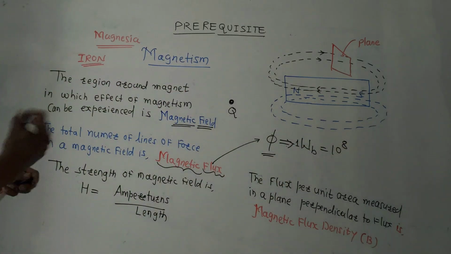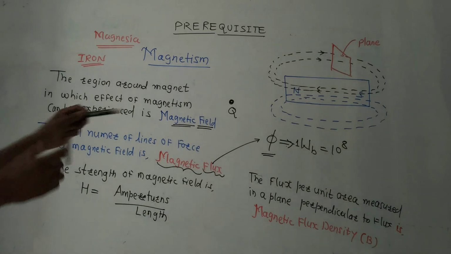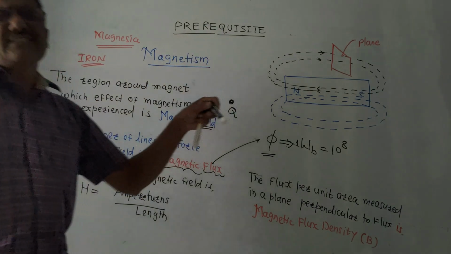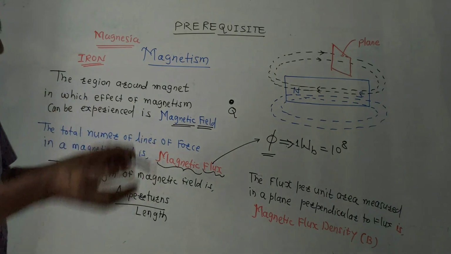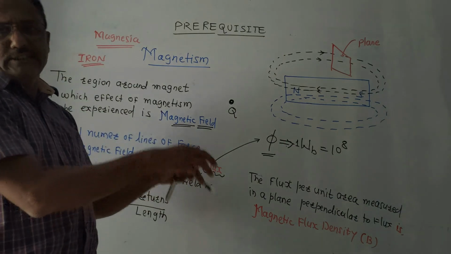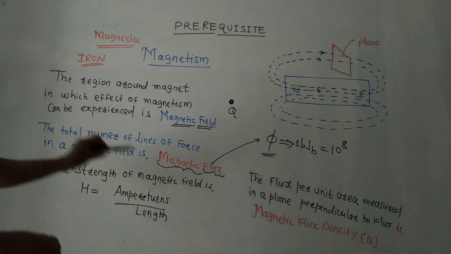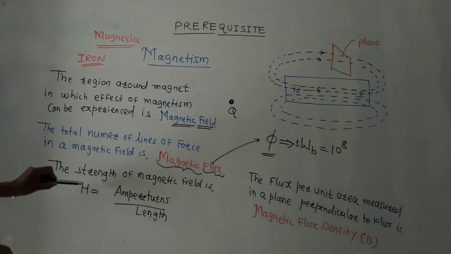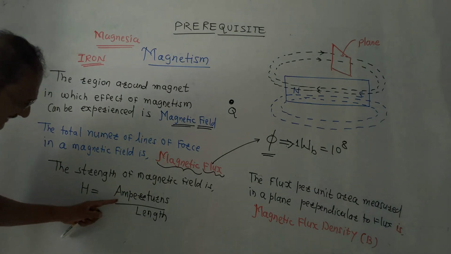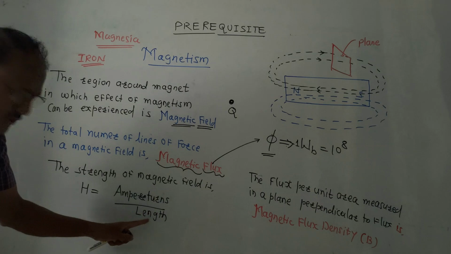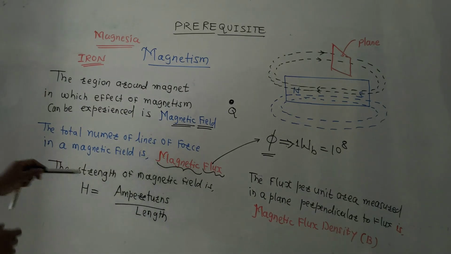Now, one more term related to magnetism is the strength of this field. It is a common word. Strength indicates how much magnetic flux is present. So the strength of the magnetic field is denoted by H, big H, and technically it is written as ampere turns per unit length. Now how to generate the unit for magnetic field strength?